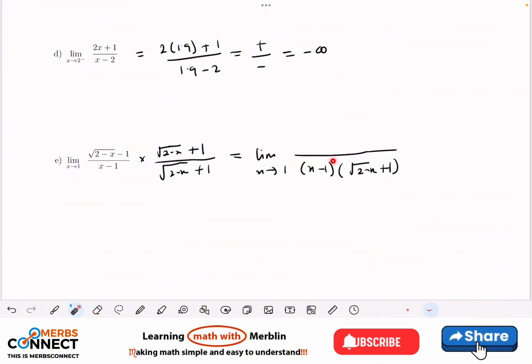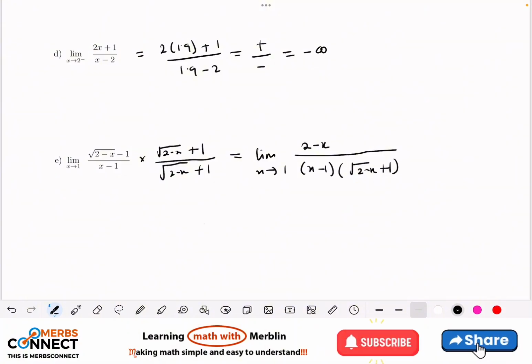Because if we are able to cancel this out, then this one is going to help us, because it's this one that is causing the problem of me doing direct substitution and getting the denominator to be 0, right? So that is the idea. So now let's look at the top. Root of 2 minus x times root of 2 minus x is going to give us 2 minus x.